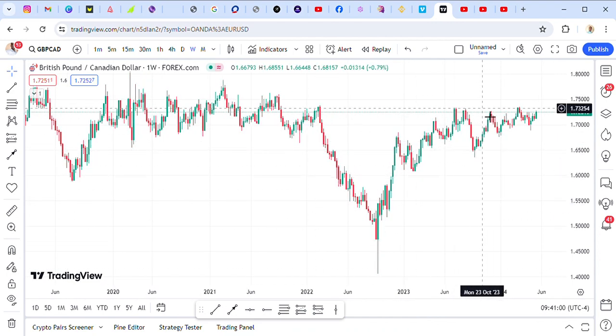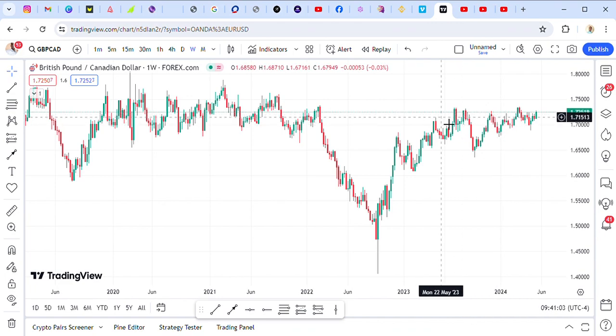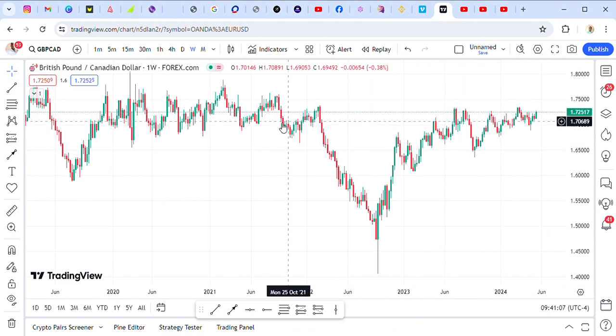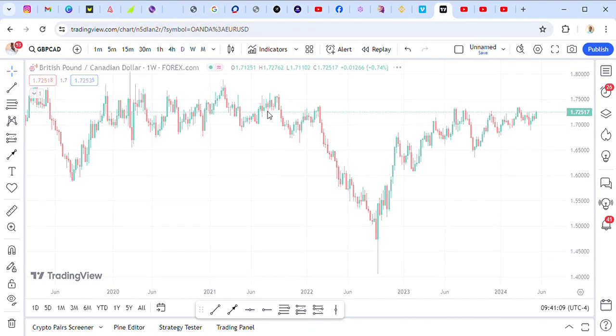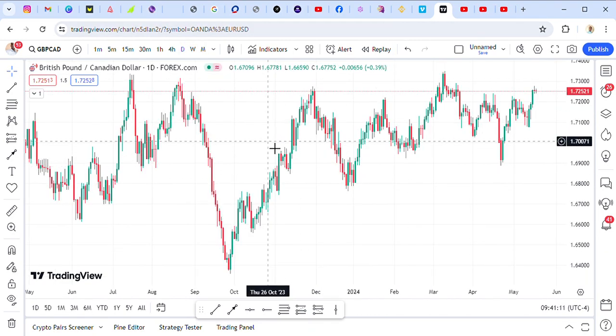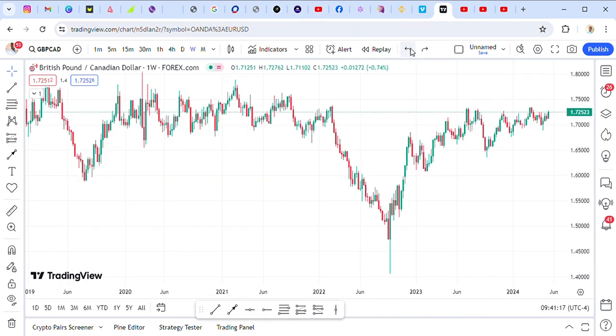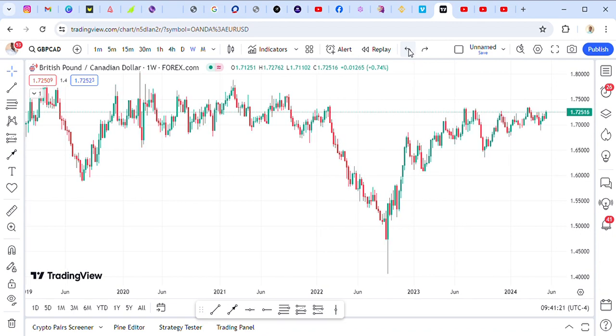So I was expecting that we just keep making lower lows, but looking at the daily time frame, what I'm seeing here is now different from what it was saying before. So I'm trying to bring the maps that I drew.